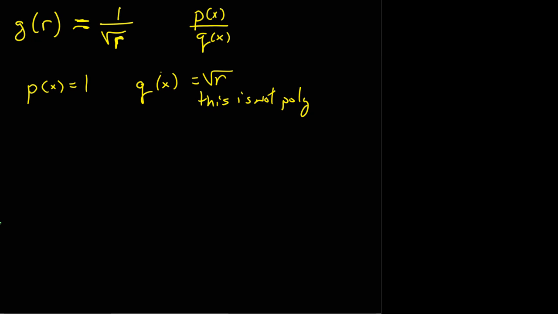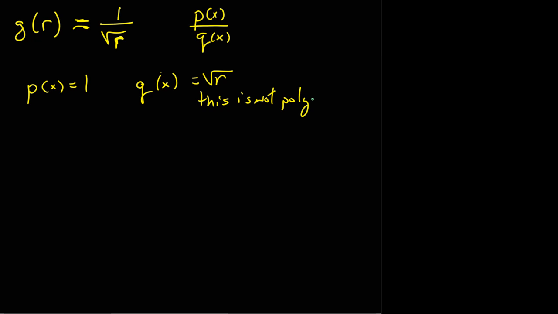My apologies, everyone. Alright, so I have g of r equals 1 over the square root of r over here. For it to be a rational function, my first test is there a division? Right? Do I have some function over another function? Well, I do. P of x would equal 1, and q of x would equal the square root of r.